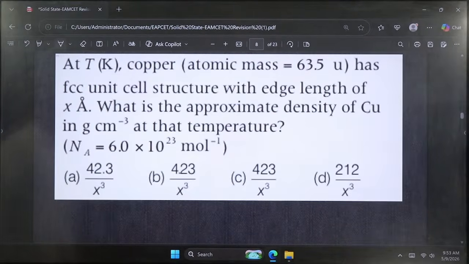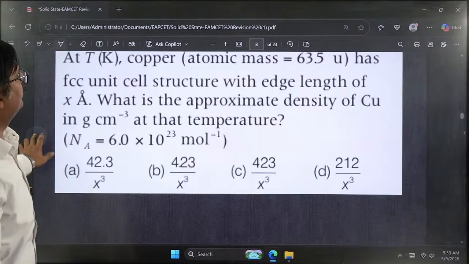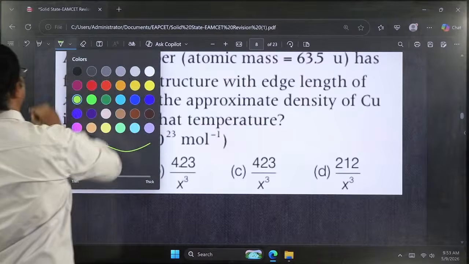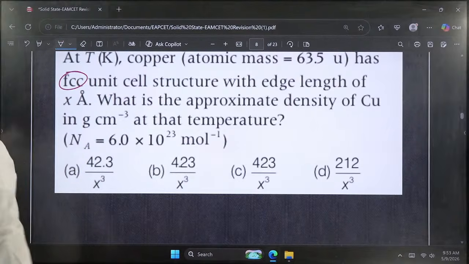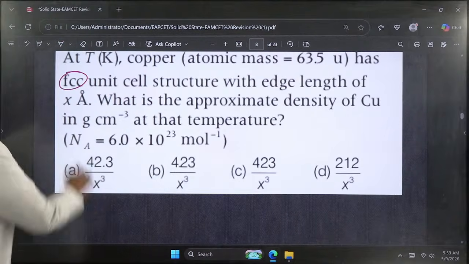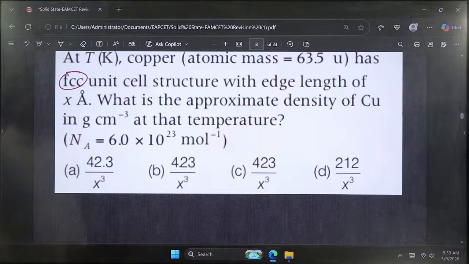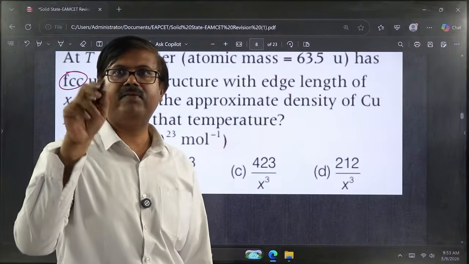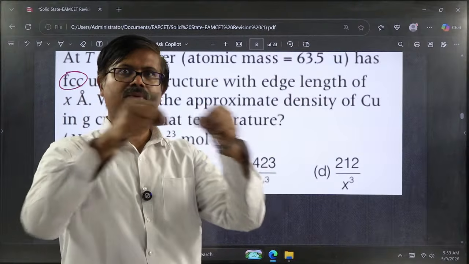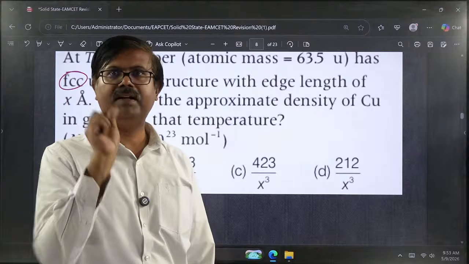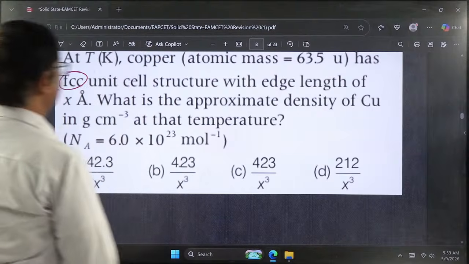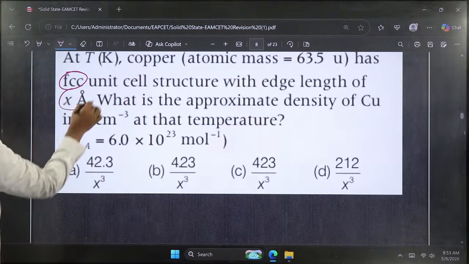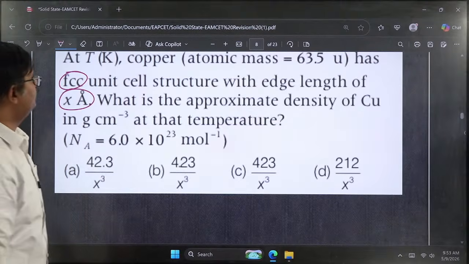Okay, first see, copper is there, has FCC with edge length of X. Edge length means the edge length of the cube, which is a, small alphabet a is the length of the cube, and r is the radius of an atom. Okay. So X is given, this is the edge length.